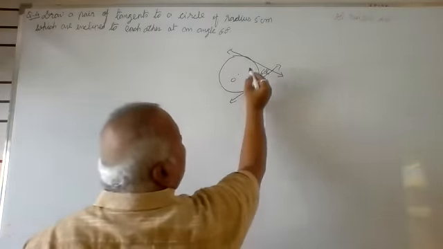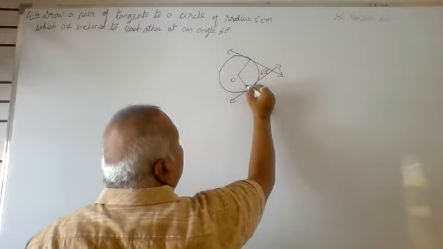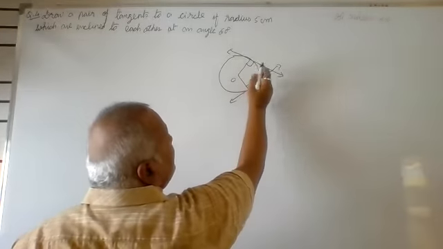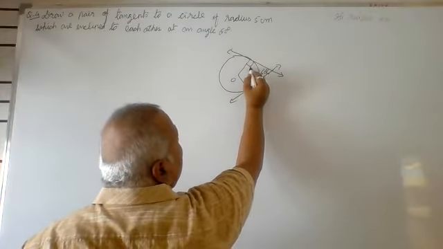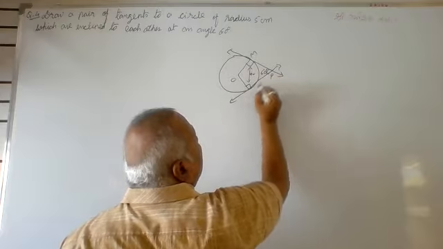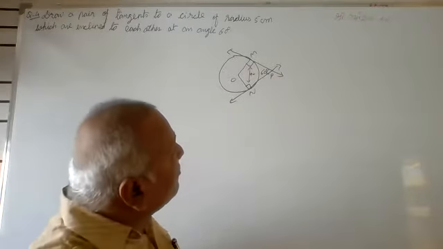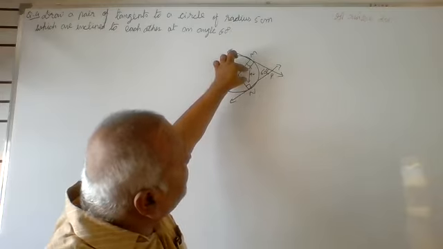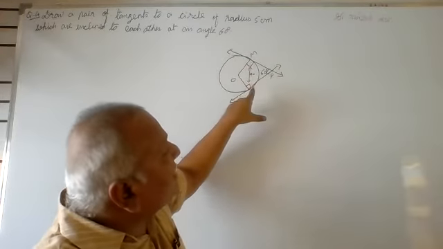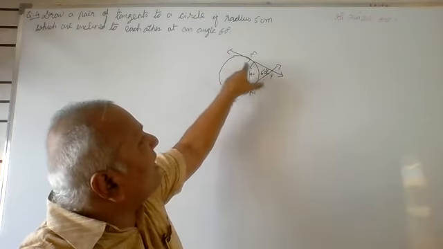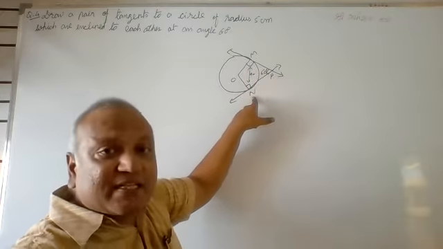So here we can say it is perpendicular. As we know, these two are perpendicular, so the sum of these two angles is 90 degree. It means this quadrilateral OMPN is a cyclic quadrilateral because it is 90, 90, 90, 90, 180. So the sum of opposite angles is 180. So we can say that quadrilateral OMPN is cyclic.